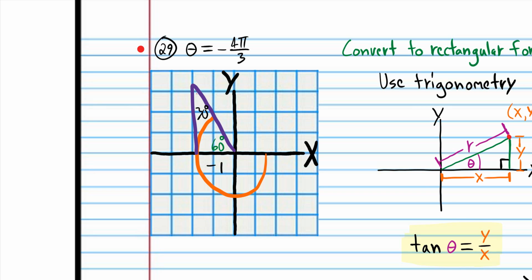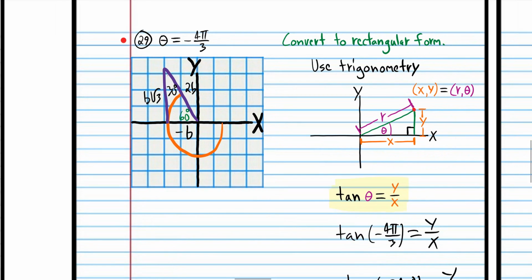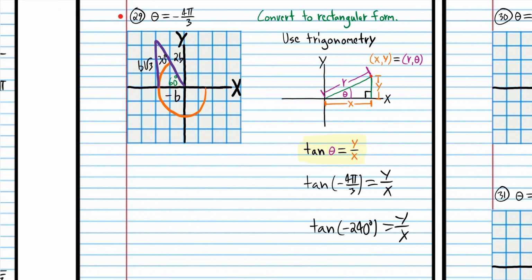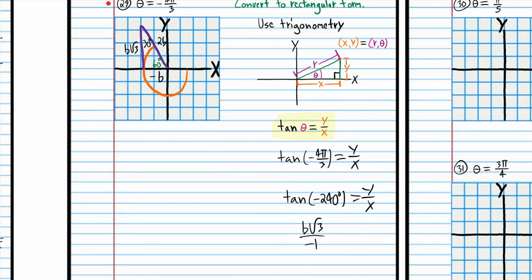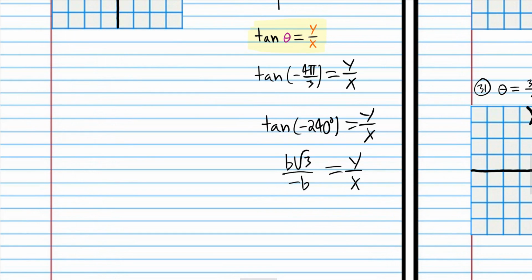So this side is going to be negative b, this side is b root 3, and this side is 2b. So what is tangent negative 240 degrees? It's the side opposite the green reference angle divided by the side adjacent. And of course the b's cancel out, and we're left with negative root 3 is equal to y over x.